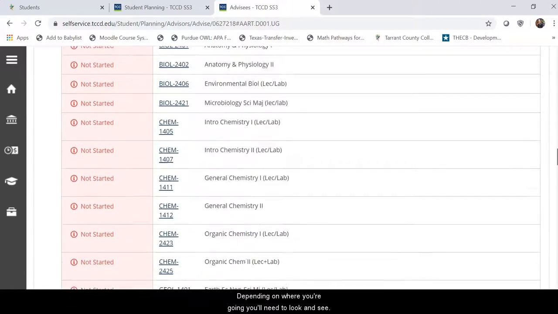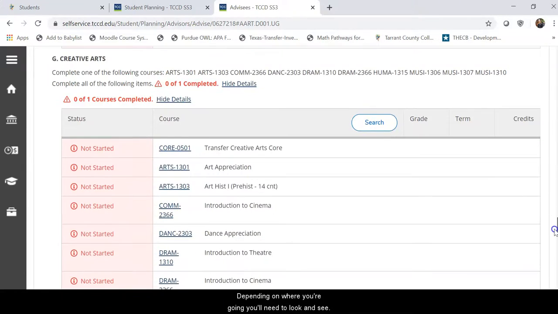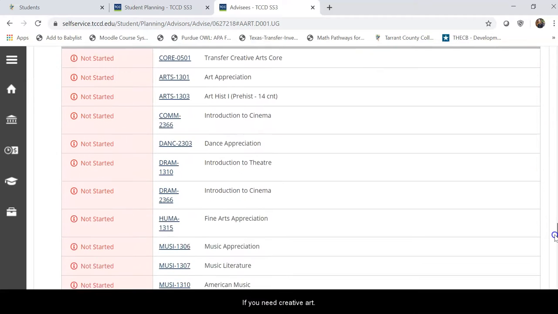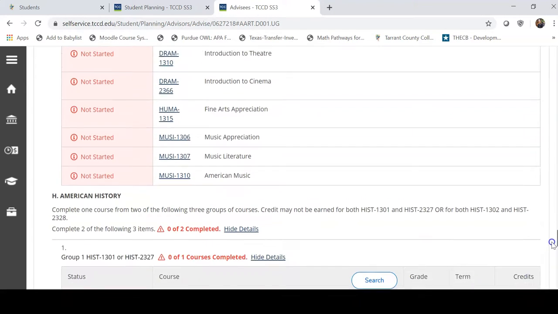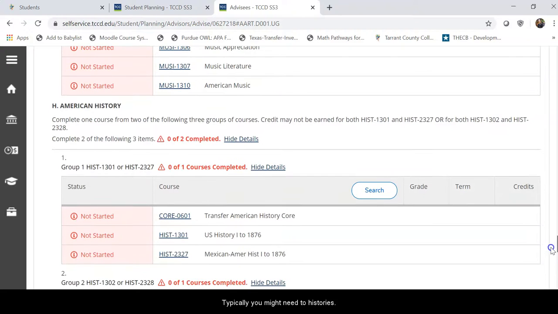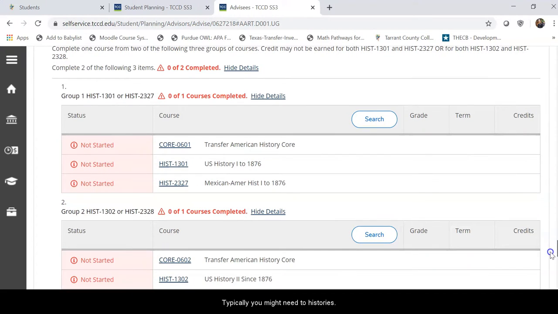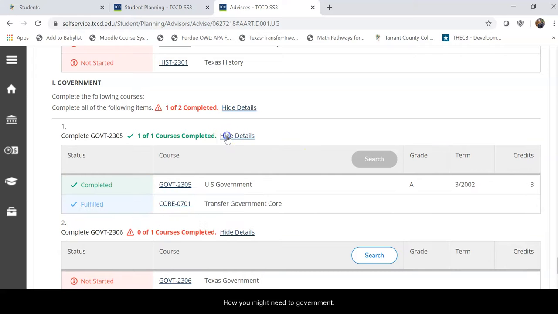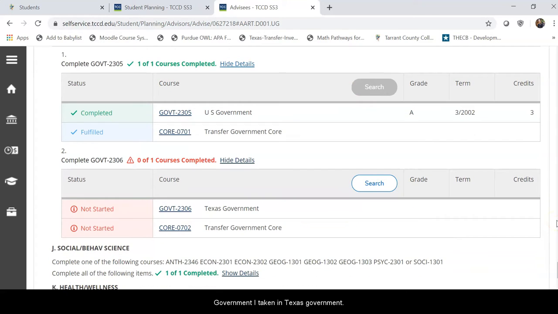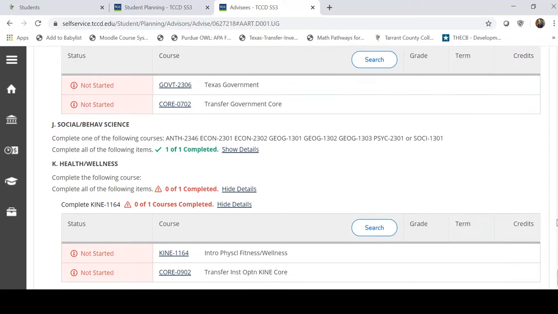Depending on where you're going, you'll need to look and see if you need creative art. Typically, you might need 2 histories. You might need 2 governments. So there's my U.S. government I took, and then Texas government.